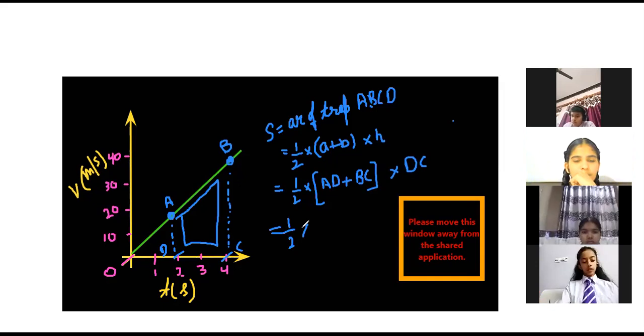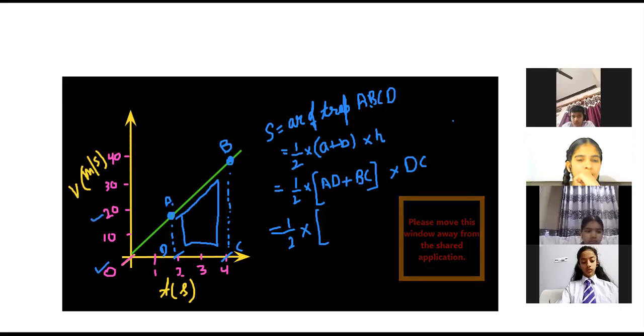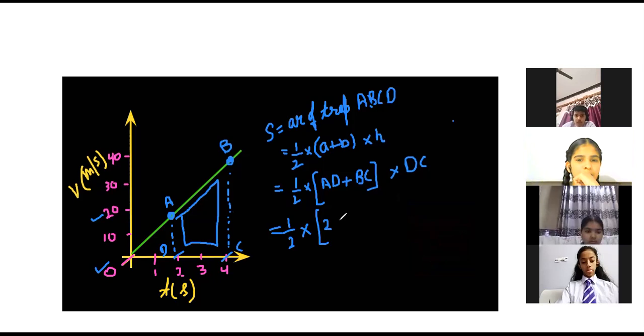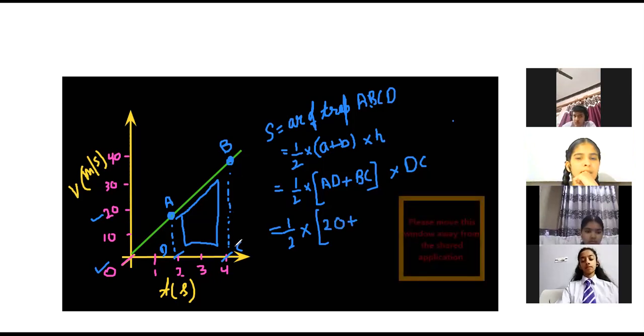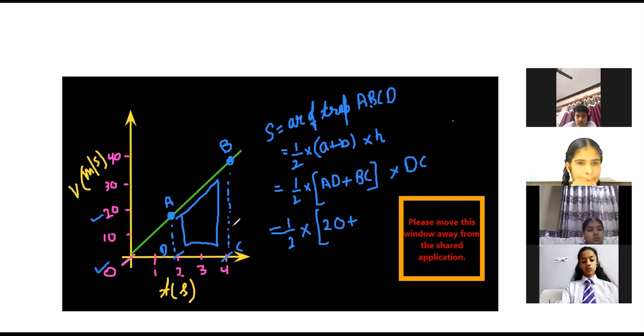Half into AD. If you check AD, it goes from 0 till 20. So 20 minus 0 is 20, plus BC. See, BC is along the y-axis. Your eyes onto the screen, everyone. BC is along the y-axis, which means you have to check the readings on the y-axis.